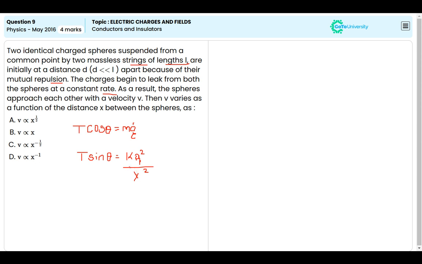Combining these equations, we get tan theta is equal to k q squared divided by x squared mg.